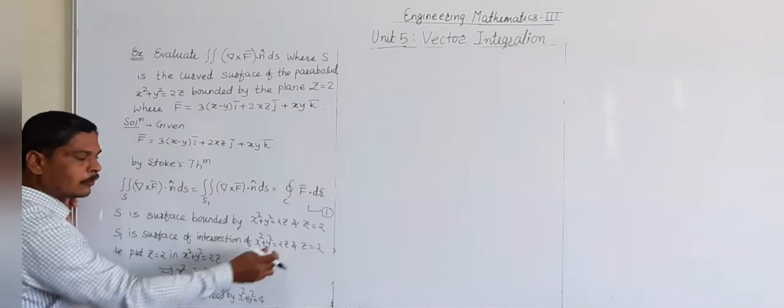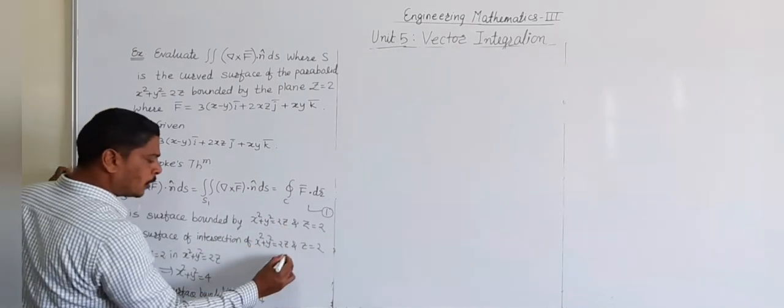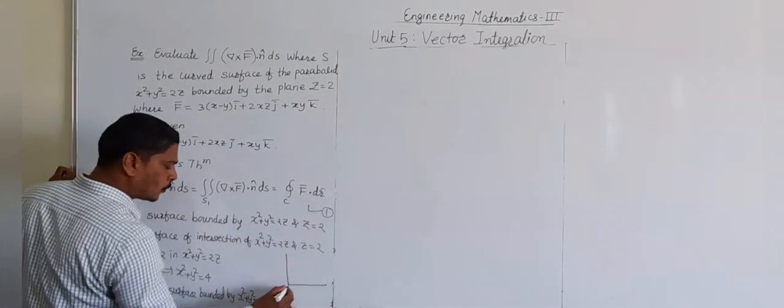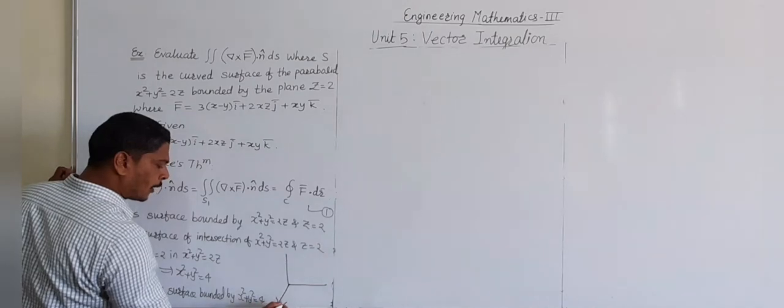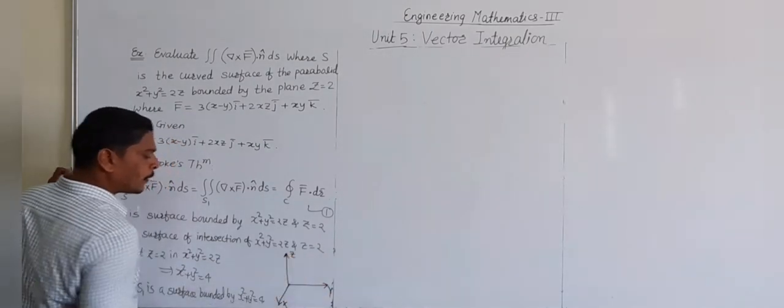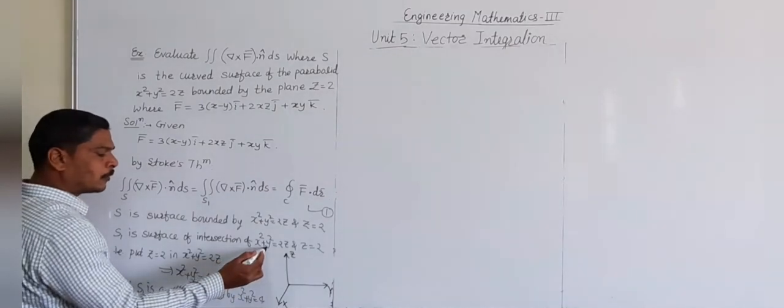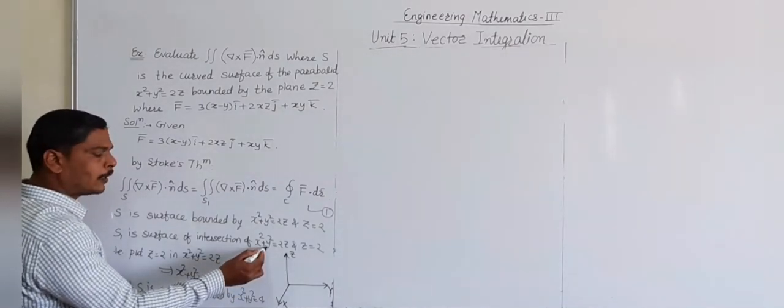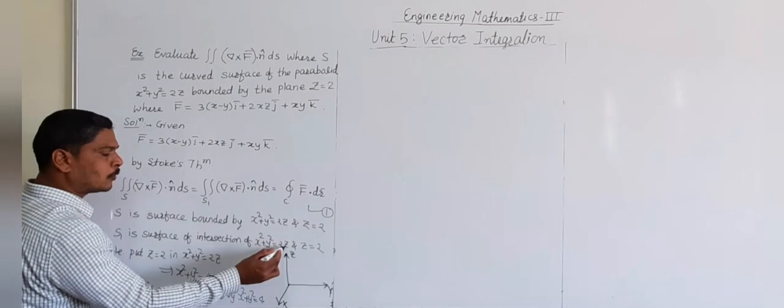So first of all I will draw these two curves in our small diagram. So suppose this is our x-axis, y-axis and z-axis. So as per the given equation, this is our paraboloid, x square plus y square is equal to 2z.